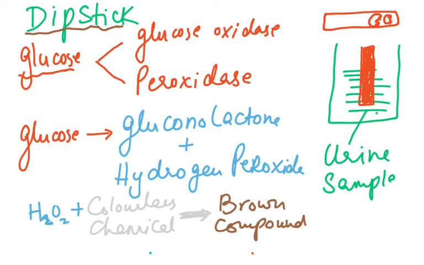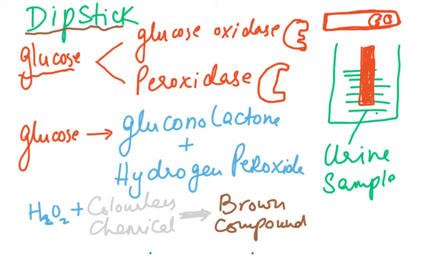Immobilized enzyme, we studied that in the AS level. So the two enzymes which are attached to it are, number one, glucose oxidase, and another enzyme which is called peroxidase. So of course they would be having different active sites. So these two enzymes are sticking to this piece of paper, or this dipstick, or this test strip, and we dip it in the urine sample.